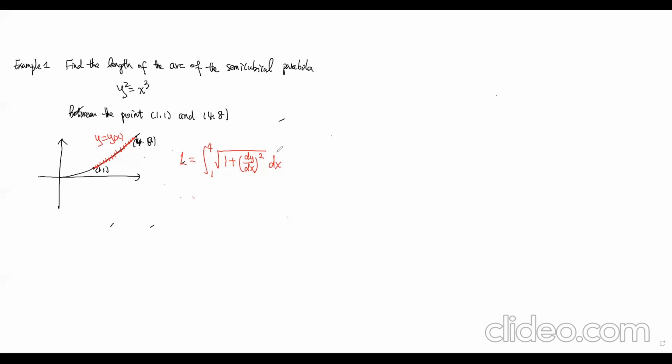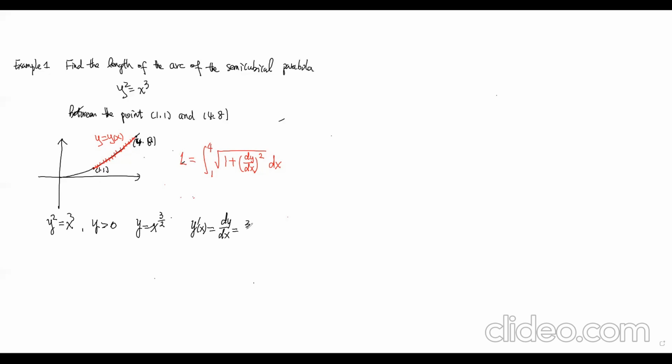So let's first compute y. y squared is x cubed. By the graph, we know y is greater than 0, so y is x to the power 3/2. And then let's compute dy/dx.